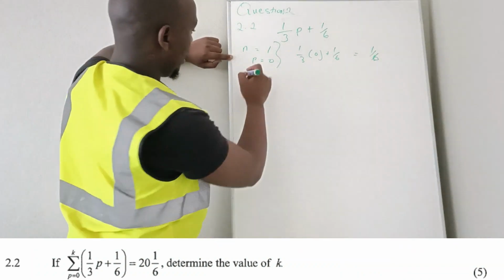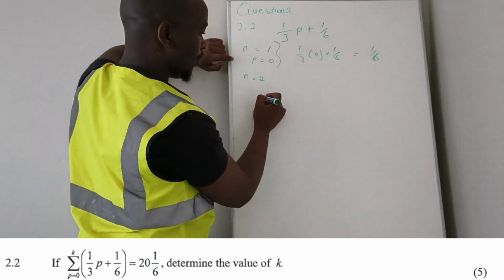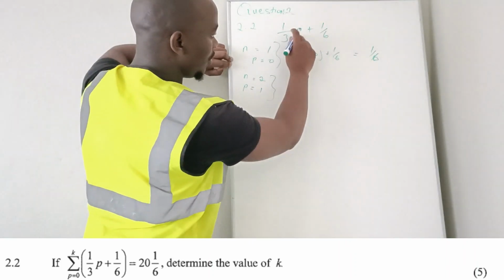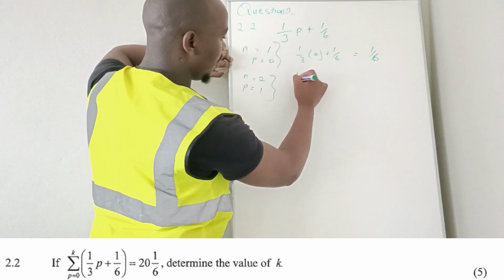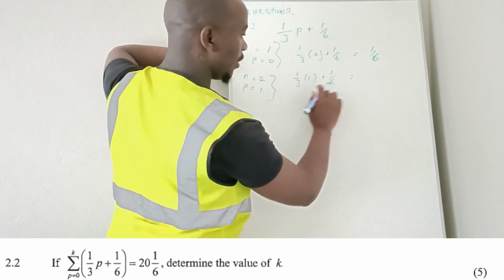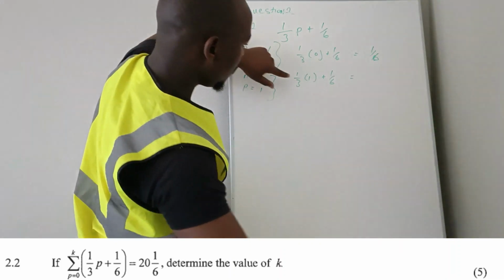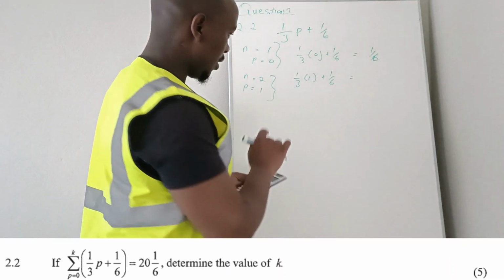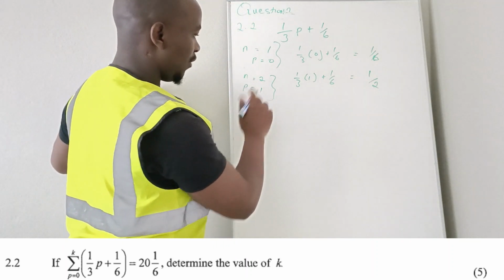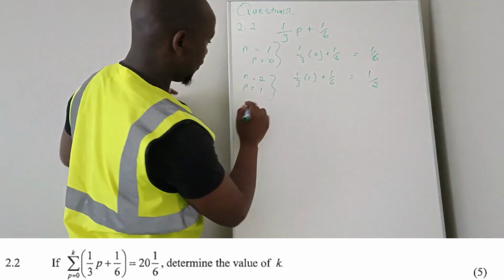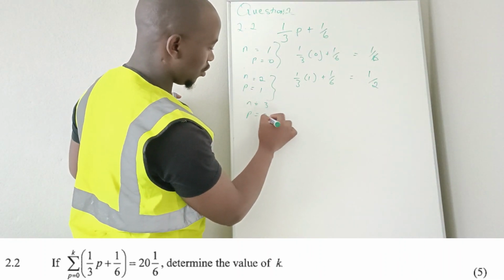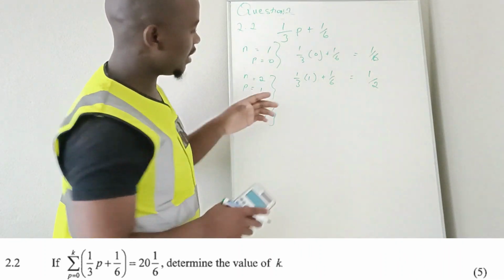The second term, n equals 2, is when p is equal to 1. If you substitute, 1 over 3 times 1 plus 1 over 6, we get 1 over 2. For n equals 3, p equals 2. Why am I saying all of this?